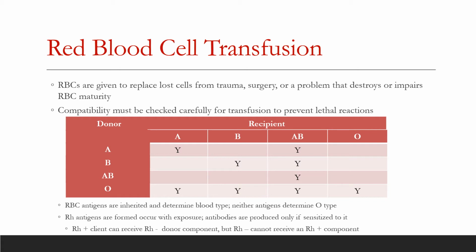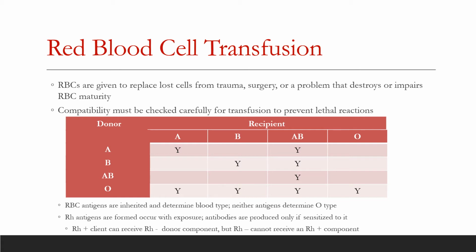These types of antigens are inherited and therefore determine our blood type. If you don't have any of them, then you are type O. You can only receive what you already have. So think about that. You can only receive what you already have. If I am type O, that means I have no A or B antigens, right?